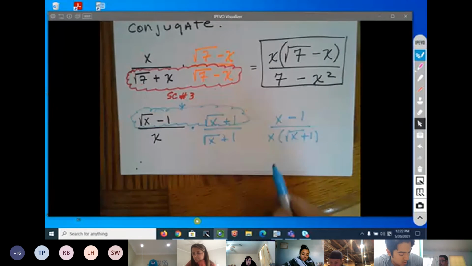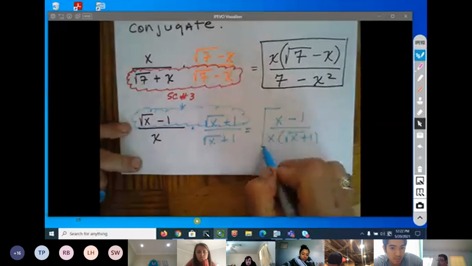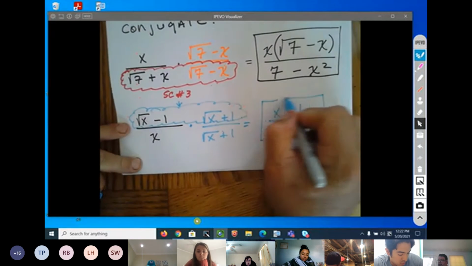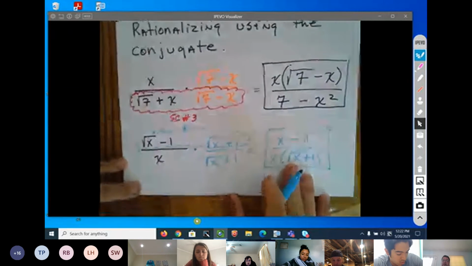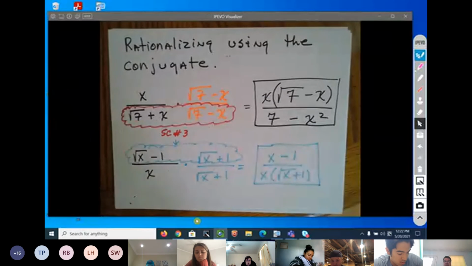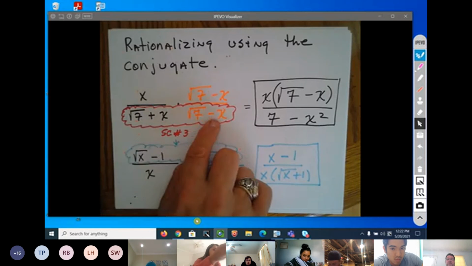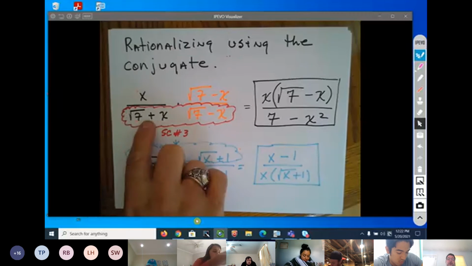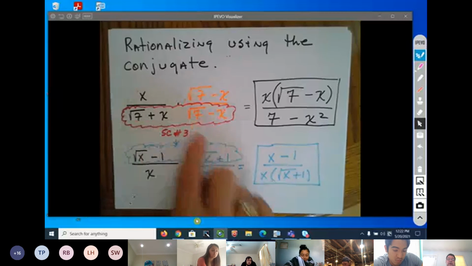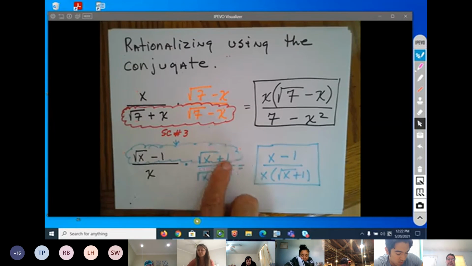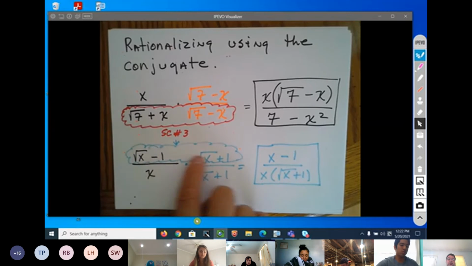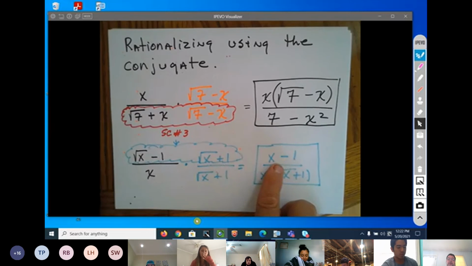Now these are two simple problems. But in a review, I'm going to show you the simple problem, and then I'm going to go to the more advanced problem, and we're going to do the conjugate. So here, we rationalize by the conjugate to get shortcut number 3 on the bottom. Here, we rationalize by the conjugate to get the shortcut on the top, to get rid of the radical.